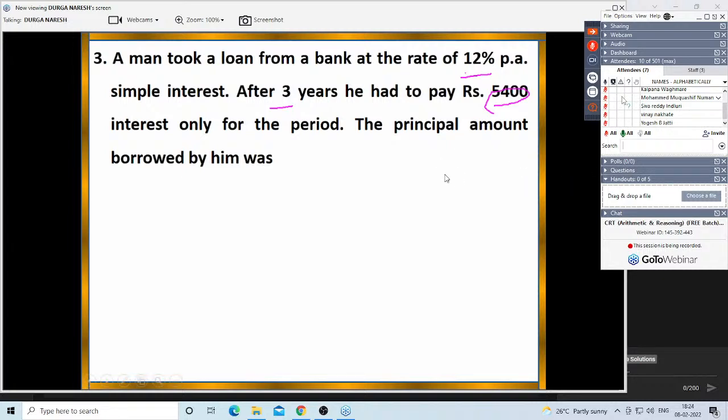By default, if they do not mention anything, it is simple interest only. Okay. So in the formula, SI is equal to PTR by 100. In that, SI value is given 5,400, P value is required, T value is 3 years, and R value is 12. Do it fast. Please note down what exactly they have given.